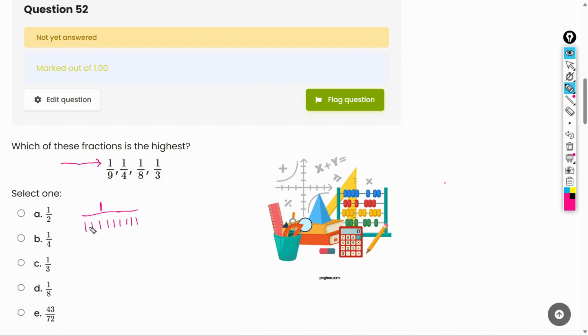You find out that what each person will receive will be smaller than if you have one item and you're sharing it just between 3 people. So when you're sharing one item between 3 people, each person receives more as opposed to when you're sharing one item between 9 people. What this means is that 1 out of 3 is the biggest fraction here, followed by 1 out of 4, and then 1 out of 8, and then 1 out of 9 is the smallest. So the answer we are looking for is 1 out of 3.